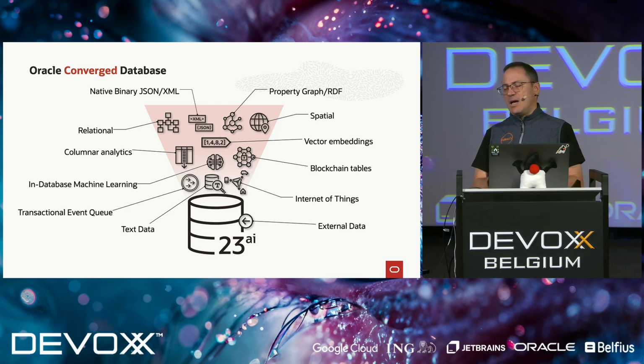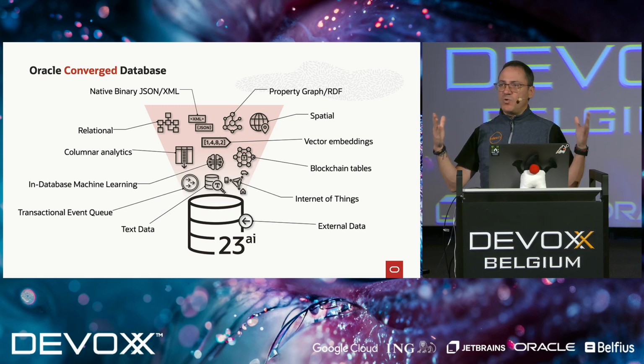This is the one that allows you to have JSON, and we also now have vector support in the latest version of the database, 23 AI. You have obviously relational data, and you can have graph and spatial, so many things. Oracle is not the only one that does it, but I believe it is the one that provides the most formats under the same roof.